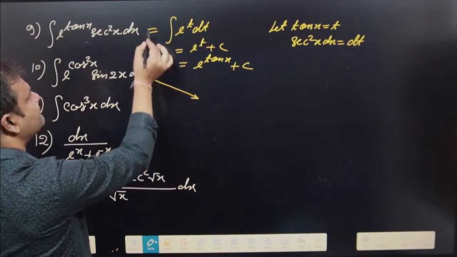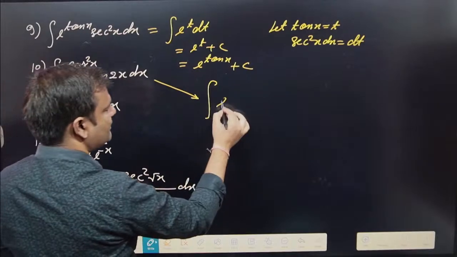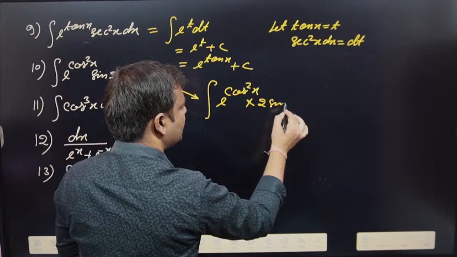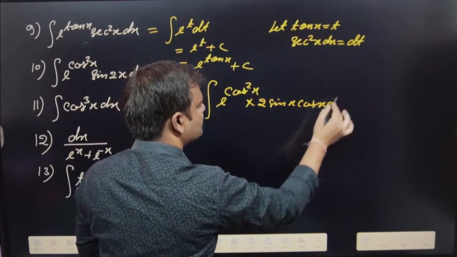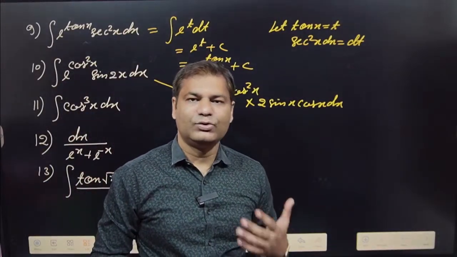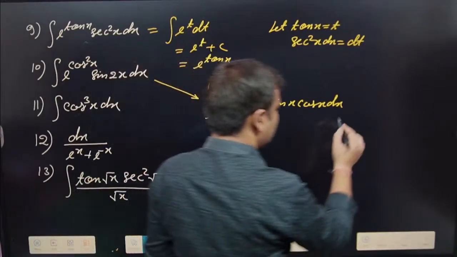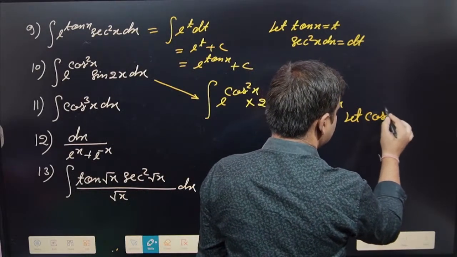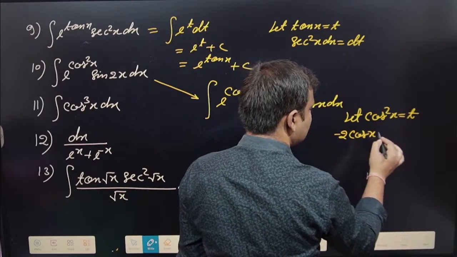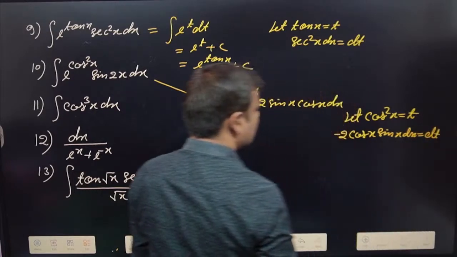Now the next problem. Here, e to power cos square x, and that one is written 2 sin x into cos x dx. Look very carefully. If cos square x is taken as t, then minus 2 cos x into sin x dx is replaced by dt.